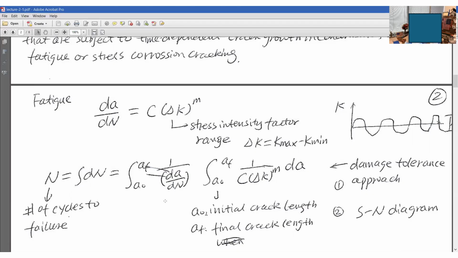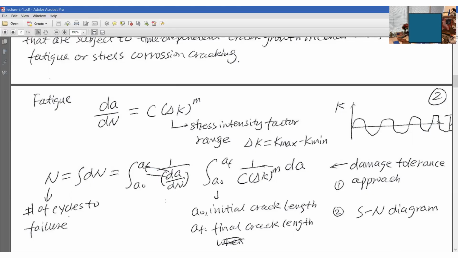Between A0 and AF, if I know A0 and AF, then I can calculate the number of cycles to failure. So this AF depends on when you think this cracked body fails.